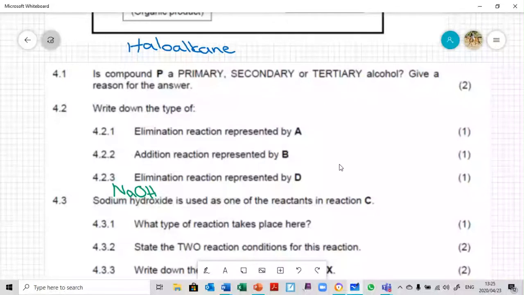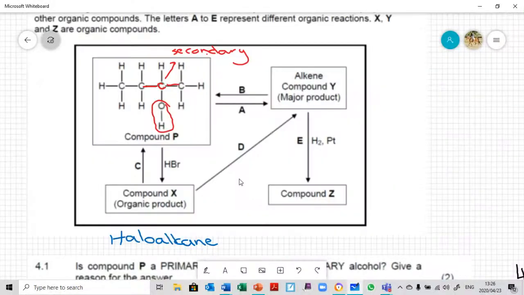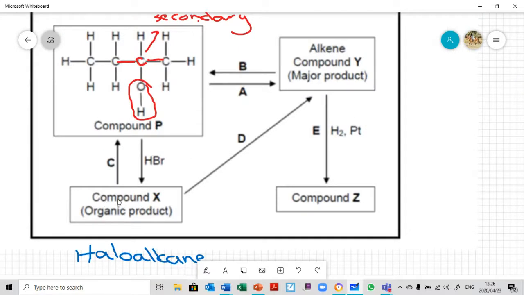To know what reaction D is, I need to know what compound is formed here, which is mean. Okay, this is really a mean question.